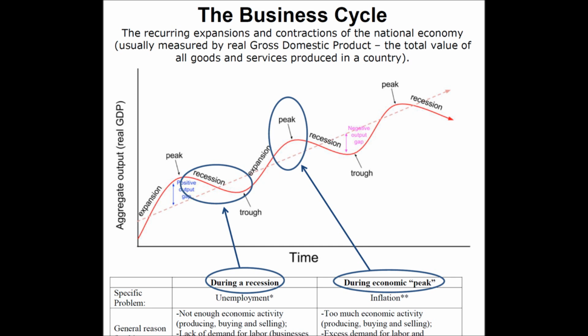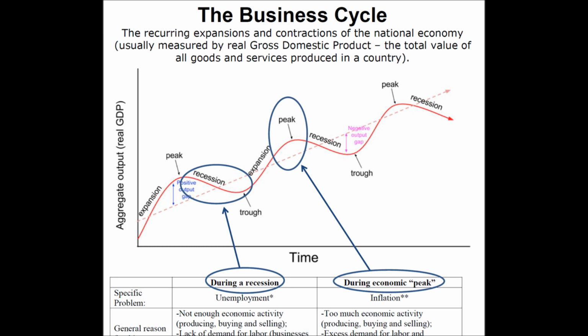This diagram is a visual representation of what we refer to as the business cycle. It's basically a visual view of the pattern that our economy follows over a long period of time. The word cycle means something repeats, a pattern that repeats.